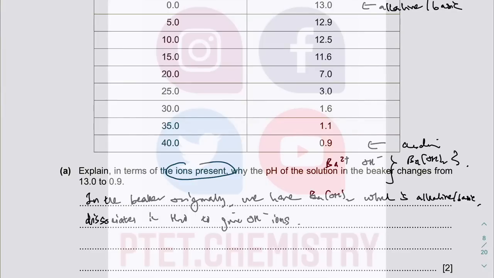Why did I specify that? Because they want me to specify that. Therefore, pH is 13 initially, meaning at the start, yeah.